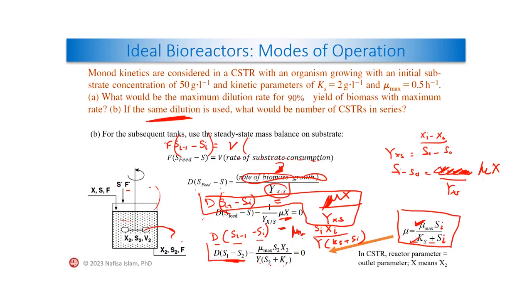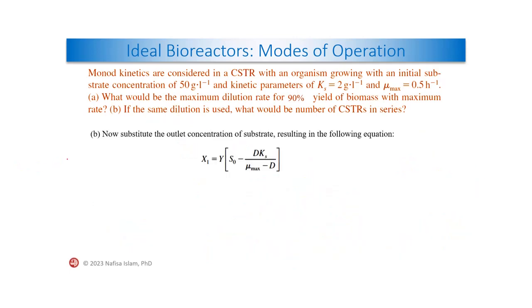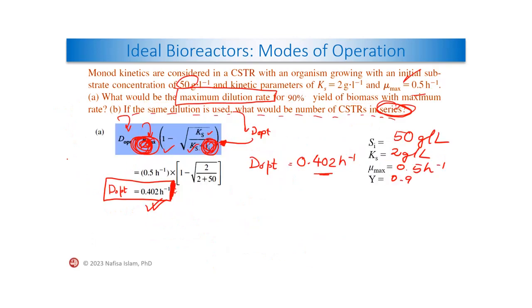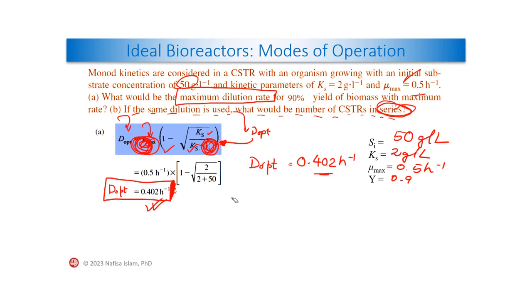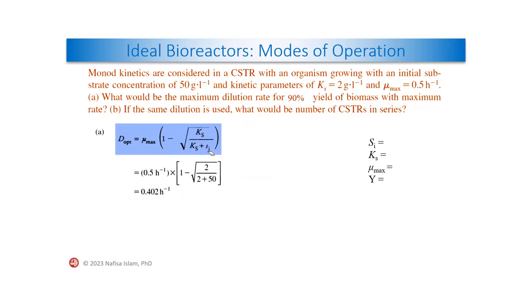Remember I said if I knew that this is operating at mu max, I would just put it in the D optimum and I would just figure out from this formula the Si or the S2.